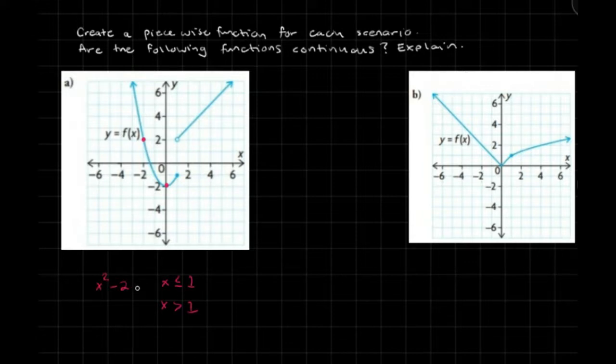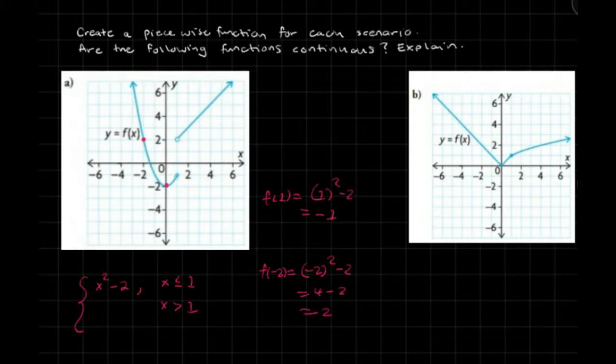And if you test out negative 2, f of negative 2 should give you negative 2 squared minus 2, which is 4 minus 2, which is 2. So you'd have to create a function that would involve all of the points on that graph shown. So x squared minus 2 would work for x less than or equal to 1, right? So f of 1 should look like 1 squared minus 2, which is negative 1.